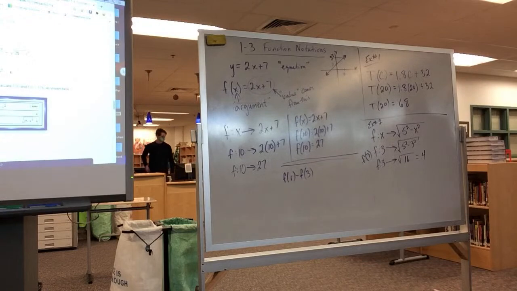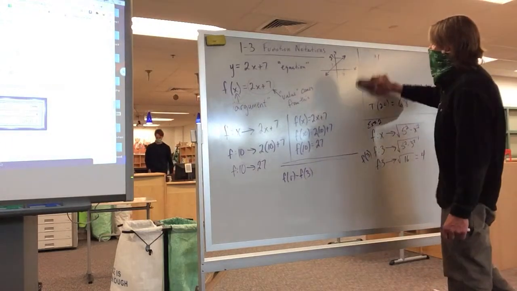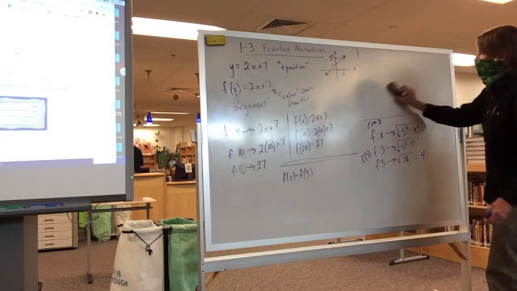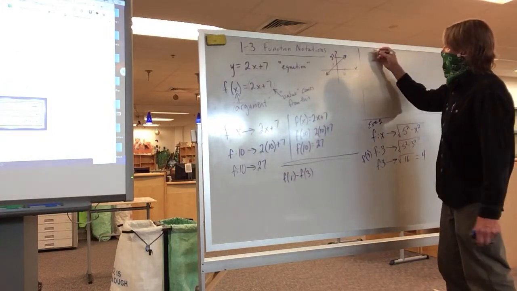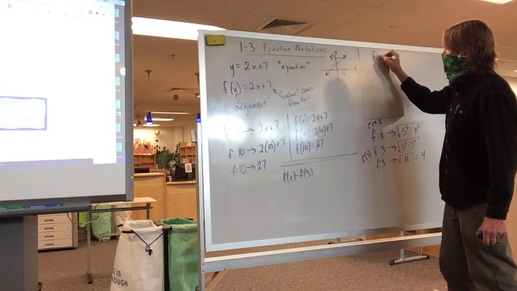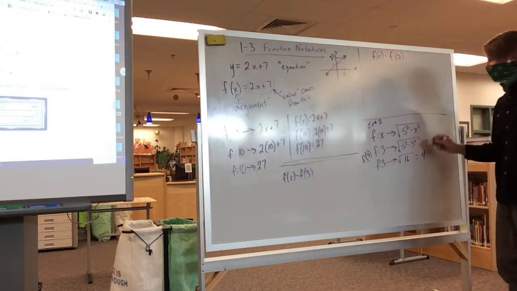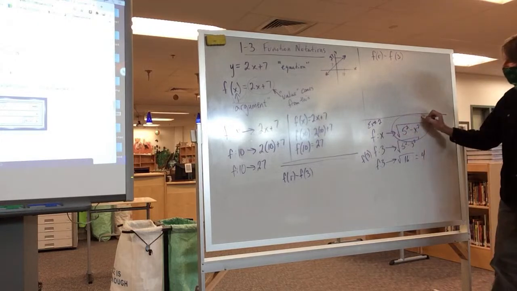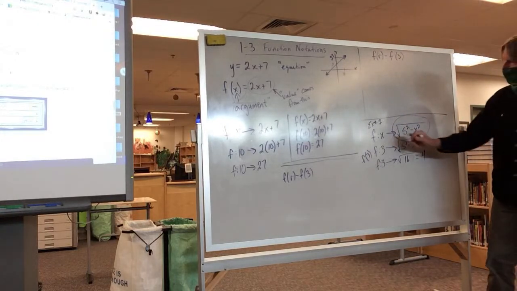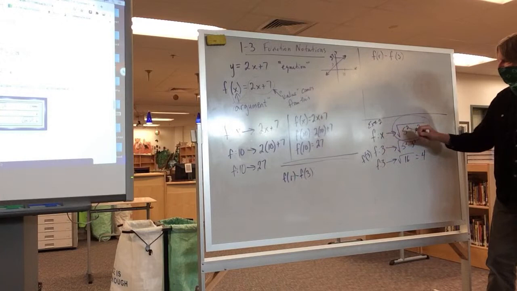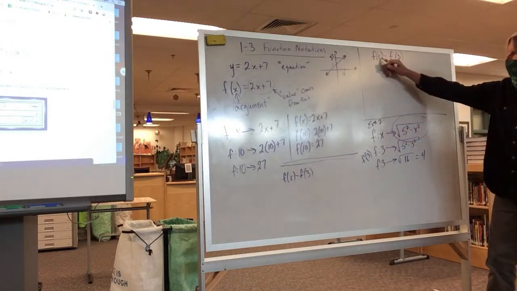So my suggestion with this one is that you do your notation as such. If I was to write f of r minus f of 3, and then we know that f of x is this, we are going to be evaluating f of x at r.